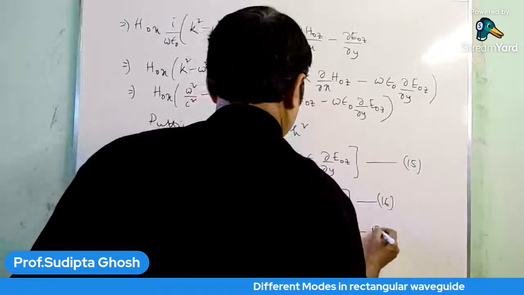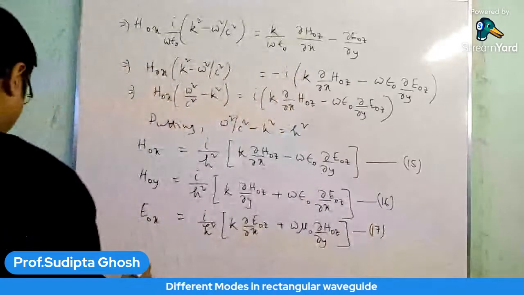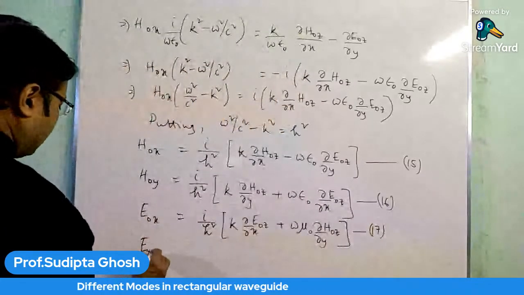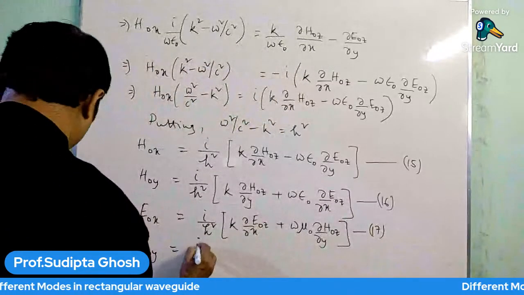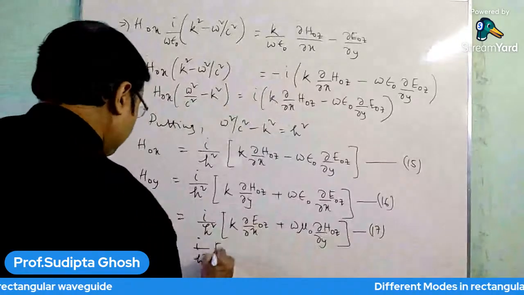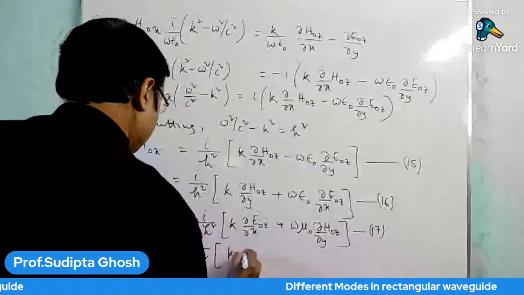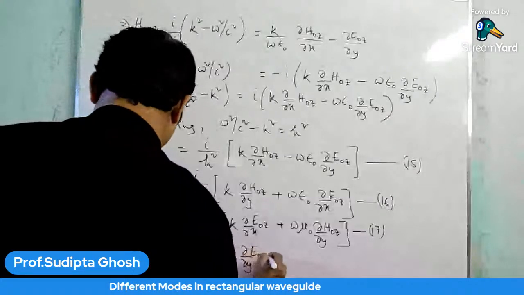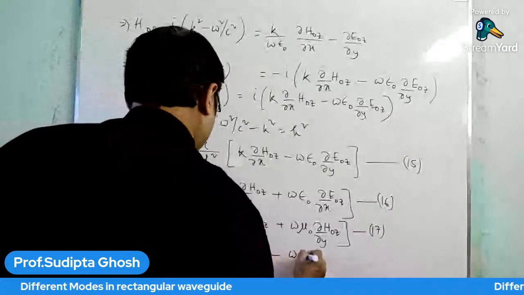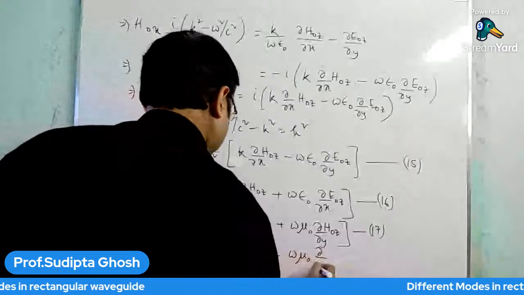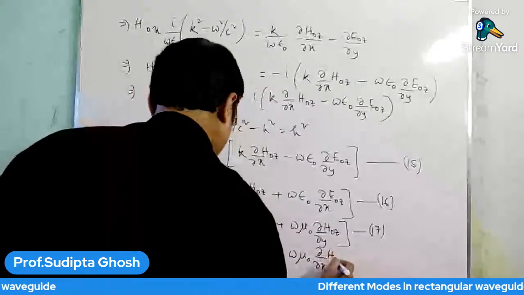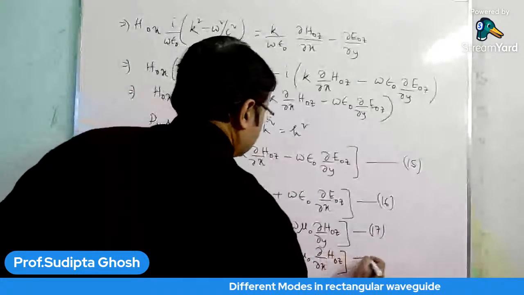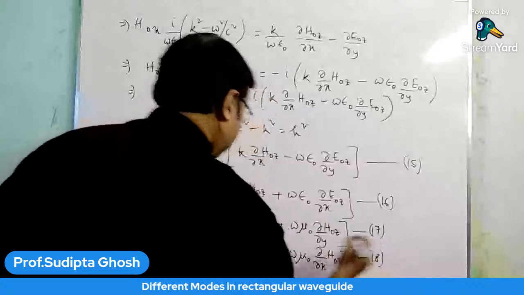It can be written as equation number 17, and then EOY equals again i by h square, k del del y of EOZ minus omega mu 0 del del x of HOZ. So this is equation number 18.